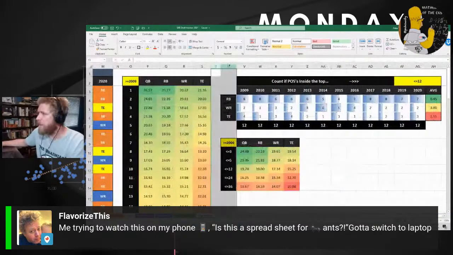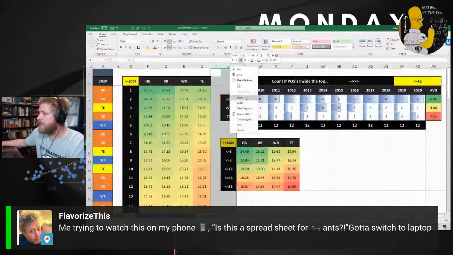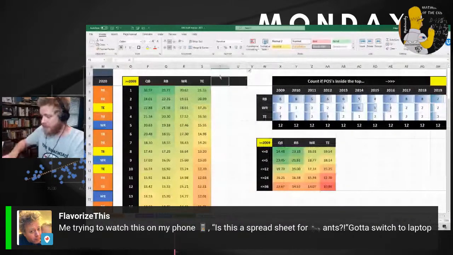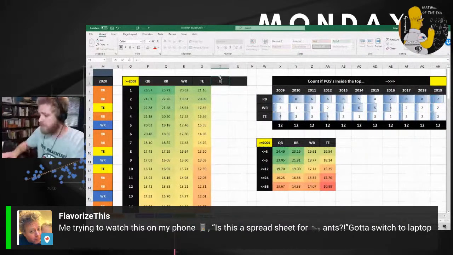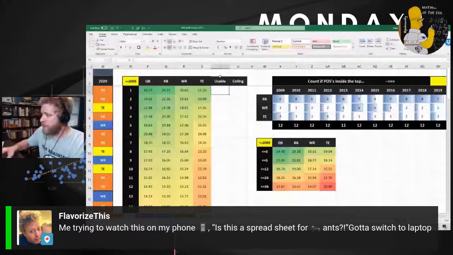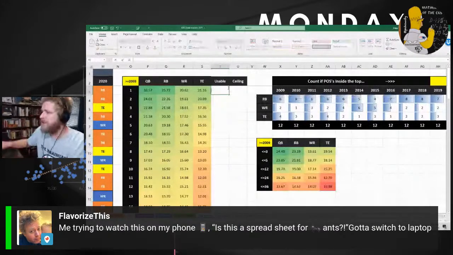Tell you what, since these two terms are becoming more common, ceiling and usable weeks, why not? I need the same formula though.